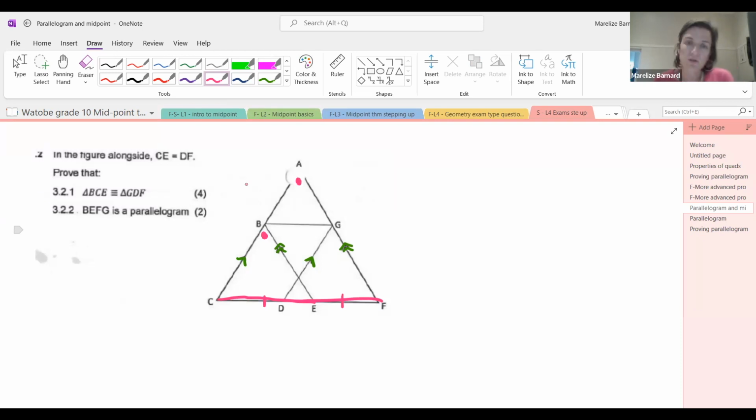But we can also say this angle here is equal to this angle here. And that's also because of the parallel lines, BE parallel to AF, because of corresponding angles. Okay, and let's see if we can find, we've got a side and an angle. We either need another side or another angle. Let's see if we can find one. Yeah, we can.